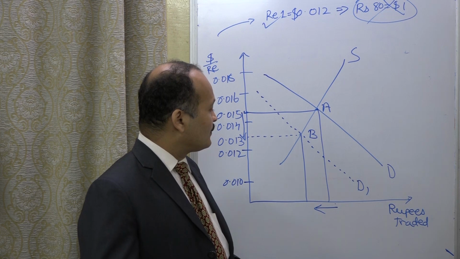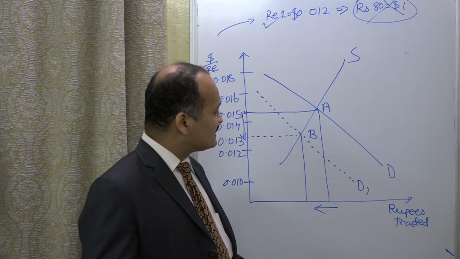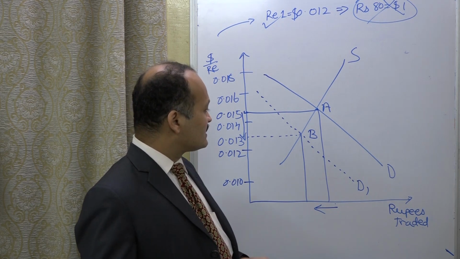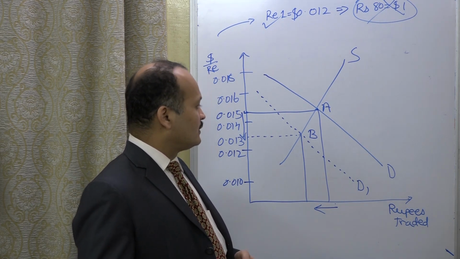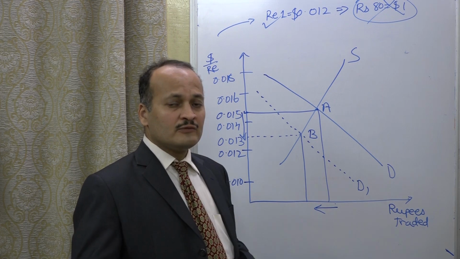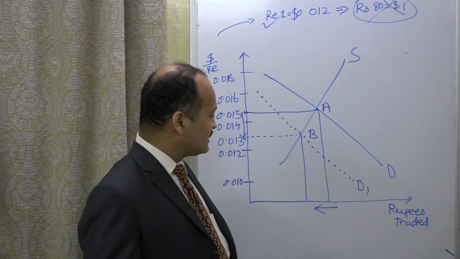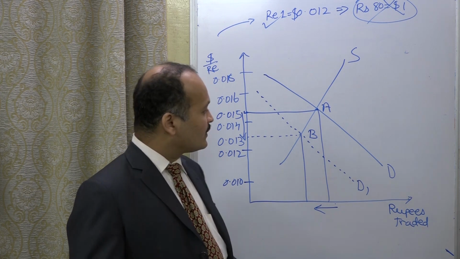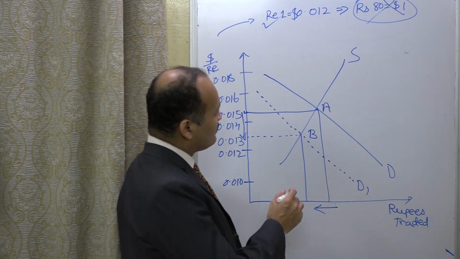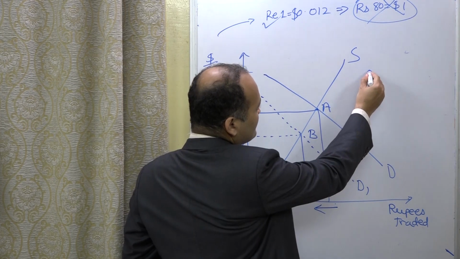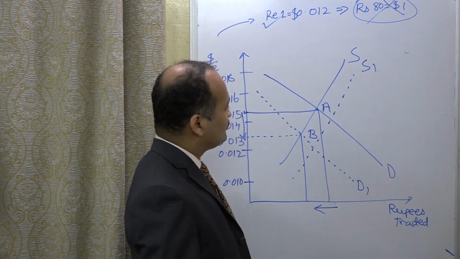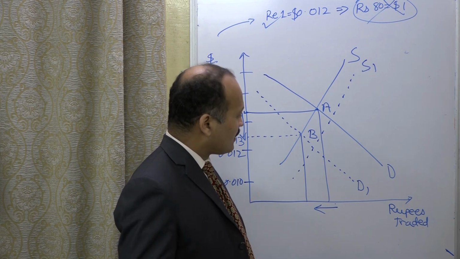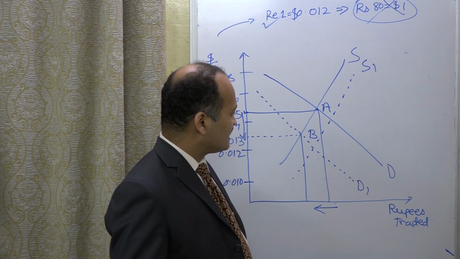Okay, so what that is leading to is an increase in the supply of rupees for conversion into dollars, because the cost of the oil has gone up. What will that lead to? That will lead to an increase in supply of rupees for conversion into dollars in the foreign exchange market.